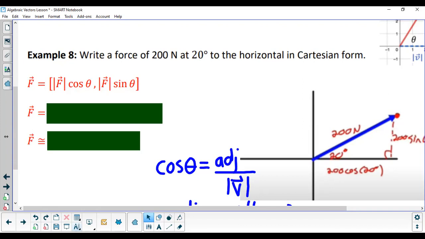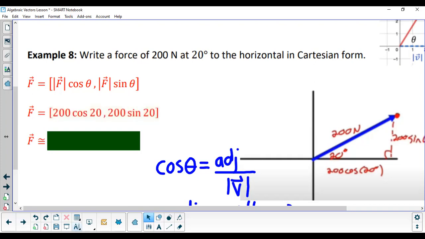The vertical component will be the magnitude of F. In this case, I know the magnitude of F is 200 newtons times sine theta. We're going to reuse that formula over and over again. This is when I know my principal angle and I know the magnitude of my vectors. I can write a vector in Cartesian form by simply figuring out what 200 times cos 20 degrees and 200 times sine 20 degrees give me: 187.9 and 68.4.